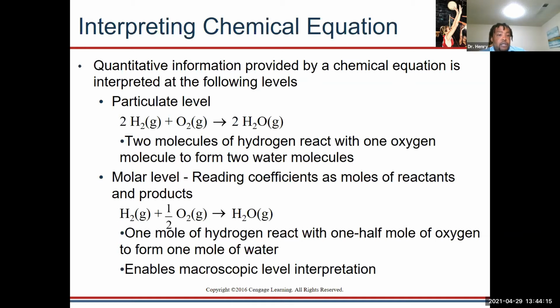So we can have those half coefficients on a molar level, but not on a particulate level. And since we don't know how things are going to be used, we always like to set it up on the particulate level to make it easier for whoever's doing the work after us. So when our boss takes a look at our work, they can see that I took the time to get rid of that half in that equation, right?